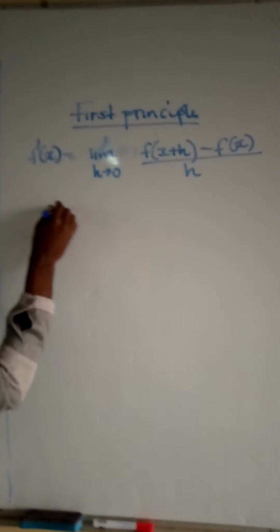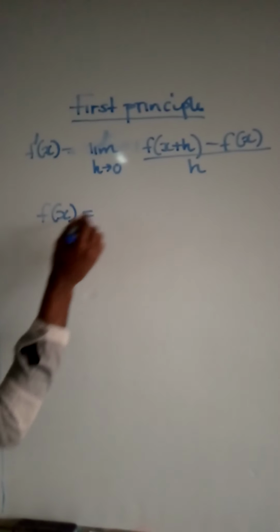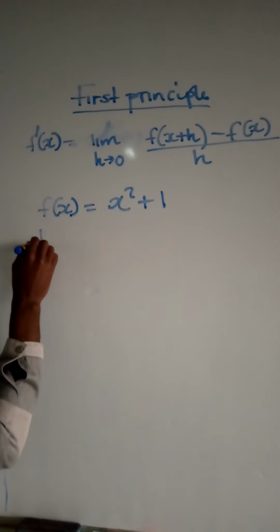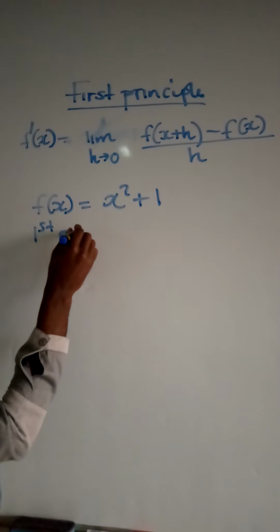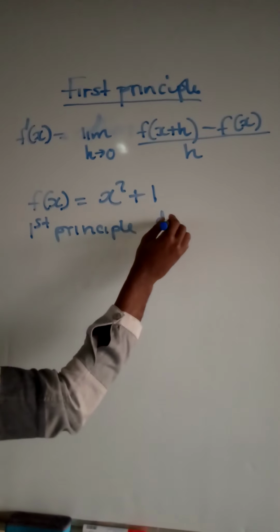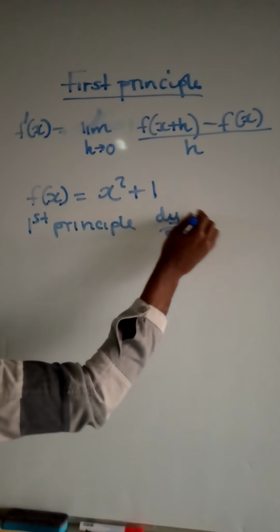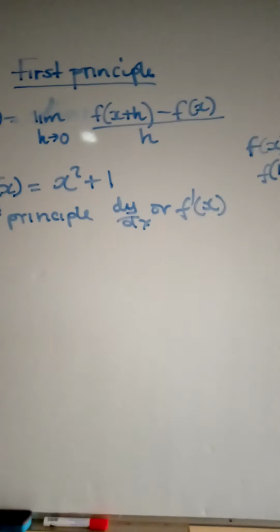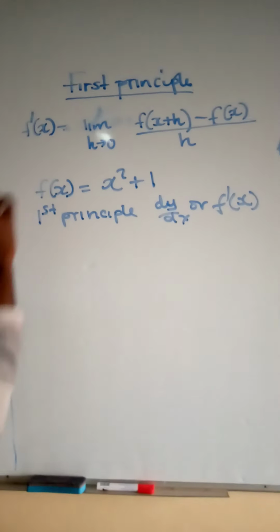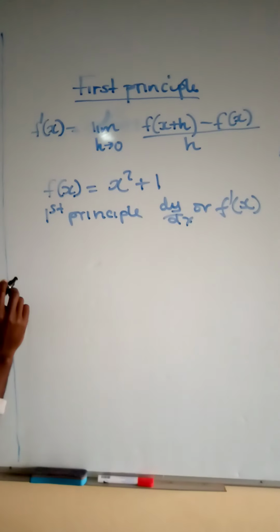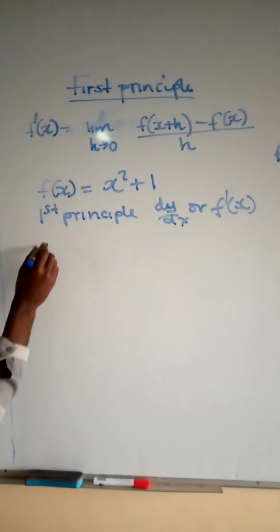Let's say we have f of x equals x squared plus 1. Now we want to use what we call first principle to find dy dx, or f prime of x. We are going to look at this function and relate it to the formula that we have.